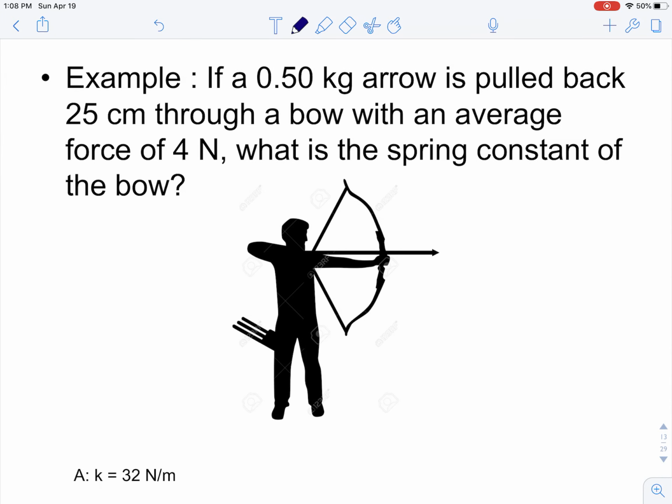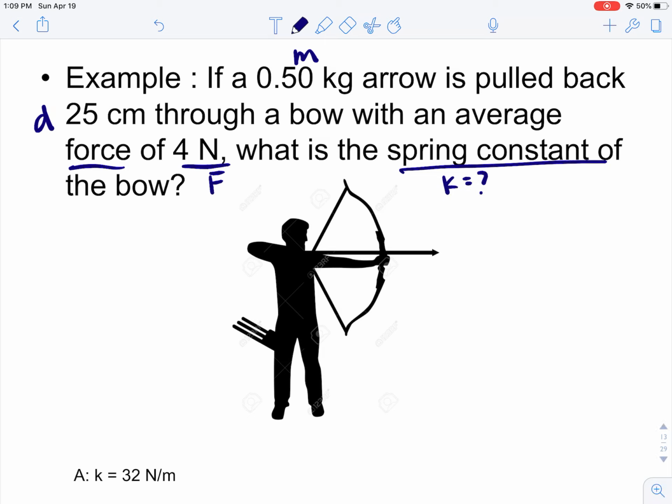Great. One more example. Using elastic, the one we haven't talked about yet, this video. So say a 0.5 kilogram arrow is pulled back to 25 centimeters through a bow with an average force of 4 newtons. What is the spring constant?